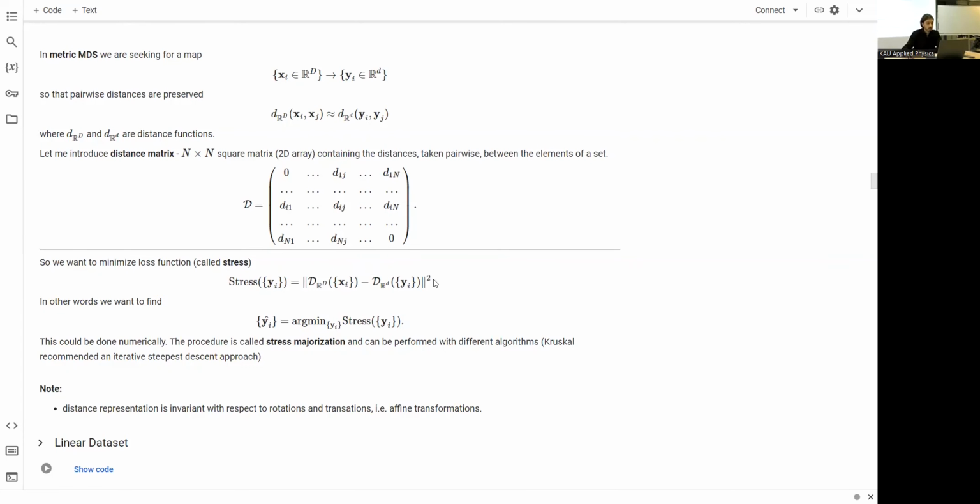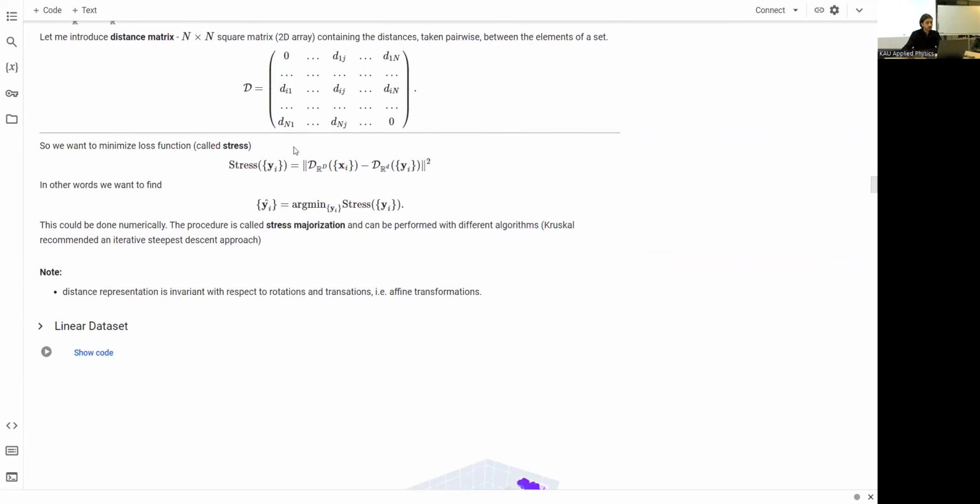So you can subtract them and calculate the norm squared, a sort of Frobenius distance between matrices. With this stress, you can try to minimize it and find the new coordinates y, because coordinates x are fixed, that's given, that's our data set. You are trying to find coordinates y such that you minimize this stress.